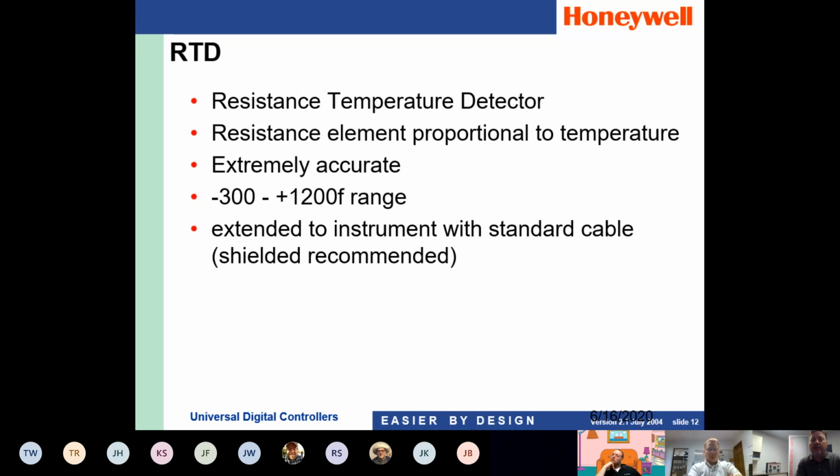The RTDs do come in a lot of different forms, but the principle behind an RTD, it has a resistive temperature detector inside of the RTD, where as the temperature increases, the resistance increases as well. And it is somewhat of a nonlinear signal going back to your controller.